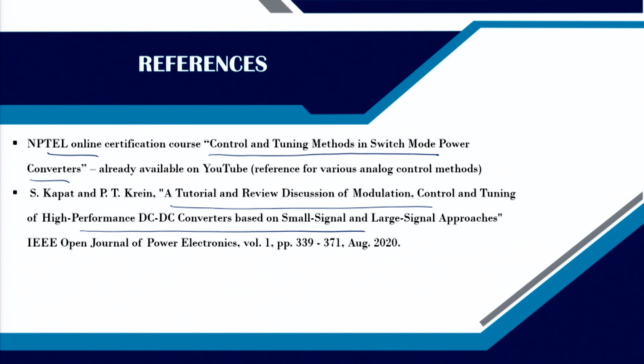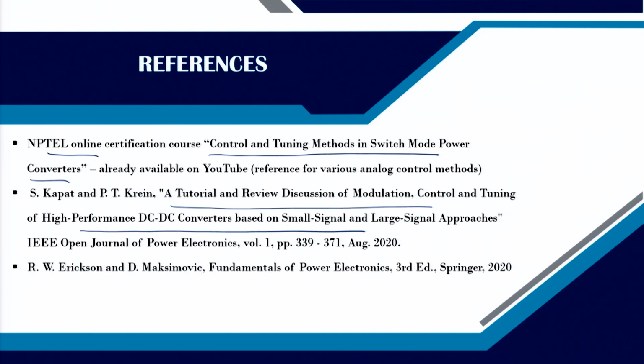but this is for analog control. For digital control, for some basics, this book is Fundamentals of Power Electronics. The latter part of this book covers the starting of digital control, so one can get some basic idea of digital control here.